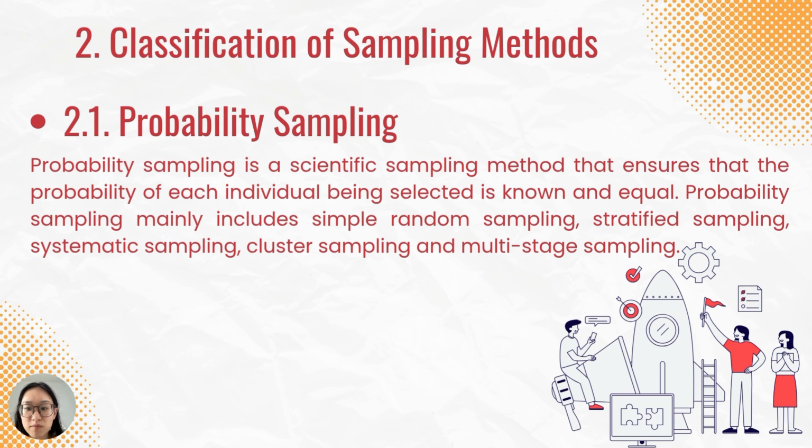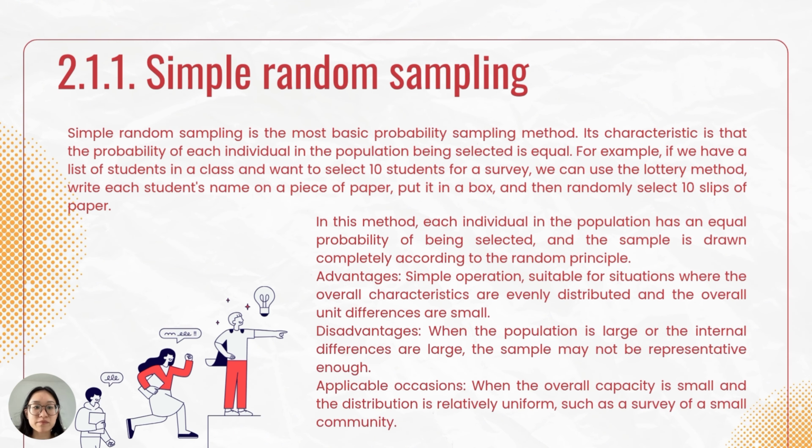First is probability sampling. Probability sampling is a scientific sampling method that ensures that the probability of each individual being selected is known and equal. This includes a variety of specific sampling methods, which I will introduce to you one by one.